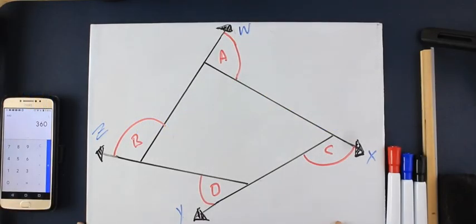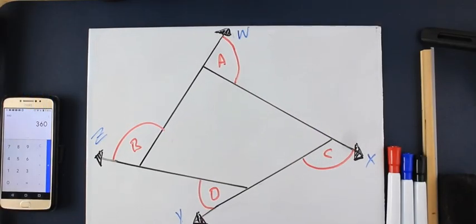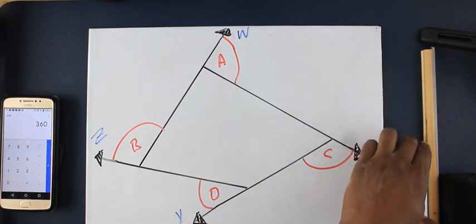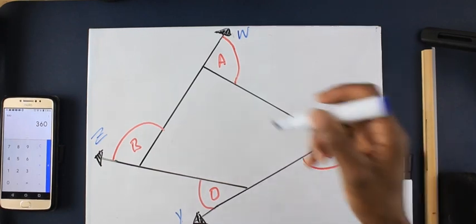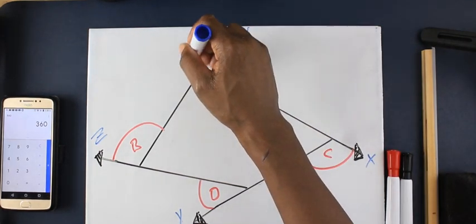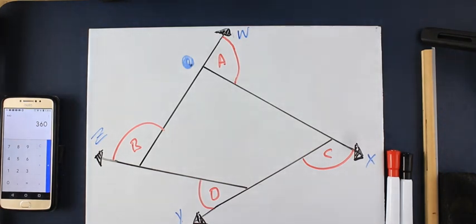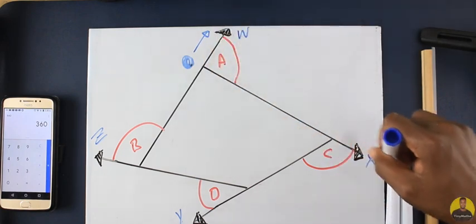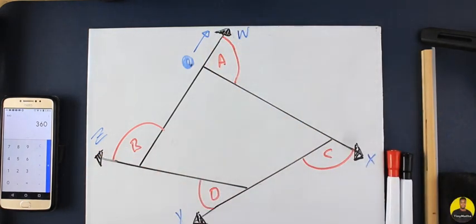Okay guys, I want you to take a look at this quadrilateral. We're going to show how we know that the sum of all external angles of any polygon is always 360 degrees. I want you to visualize things a little bit. Imagine that you are standing here and you're facing the direction of W. This is just the direction that these lines are pointing, the edges of the quadrilateral.